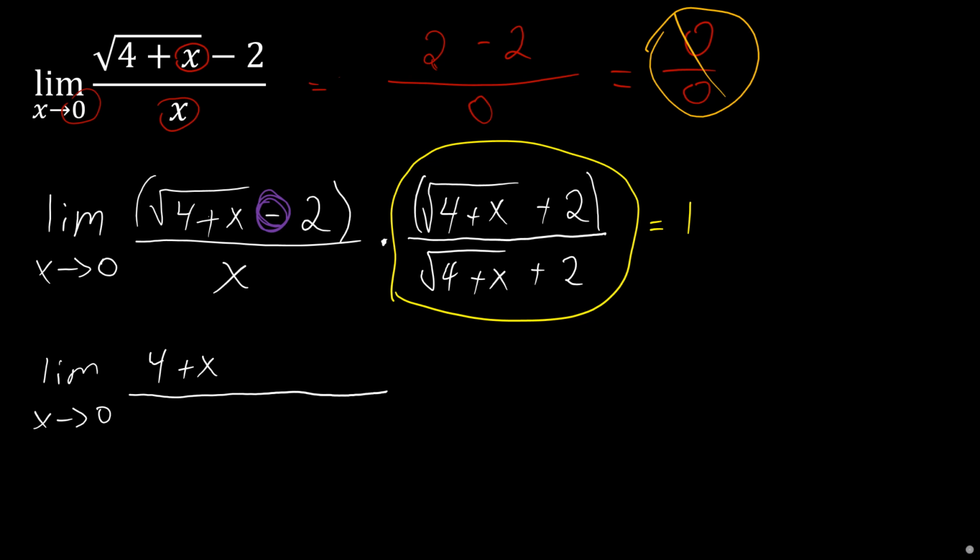And then the middle term is going to cancel because we have 2 times the square root of x plus 4 minus 2 times the square root of x plus 4. And then we're left with negative 2 times positive 2, which is negative 4. And then on the bottom, we're going to have x times the root of 4 plus x plus 2. And then simplify that out.